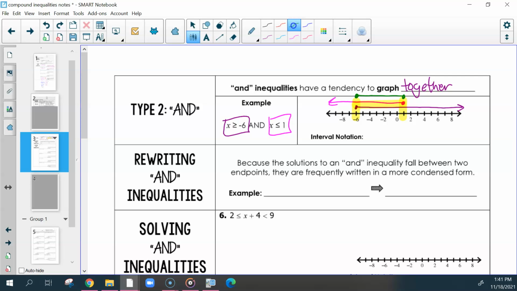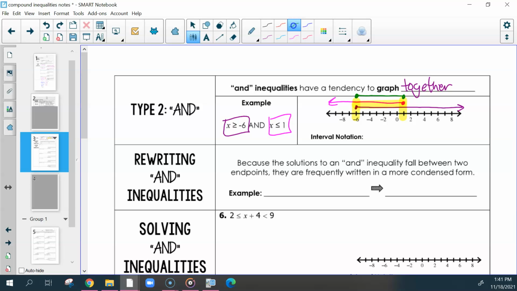Because it's an and inequality, it has to be where they both are. Or can be either or, but and has to be both. They both have to fall in the same general area.